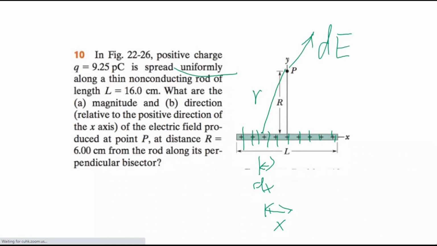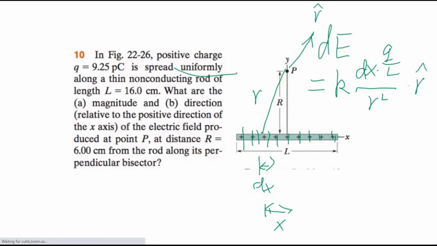So this dE equals k dx multiplied with the charge density, but this charge density can be estimated by Q over L, and then over the small r square, and in the r direction.